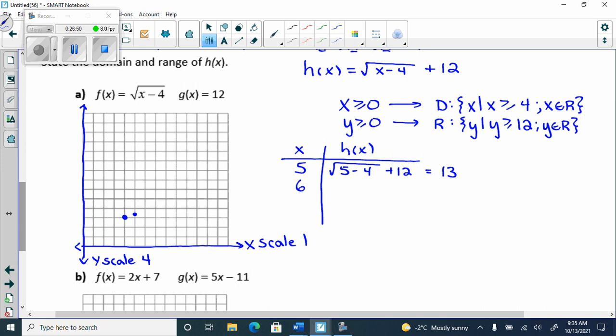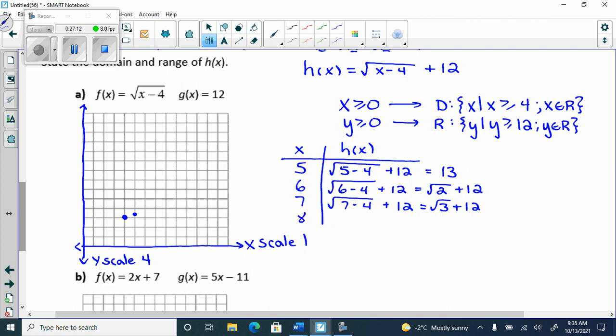So if I do 6, I'm going to get square root of 6 minus 4 plus 12, which is square root of 2 plus 12, which is 13 point blah. So if I do 7 minus 4 plus 12, oh, that's root 3 plus 12.